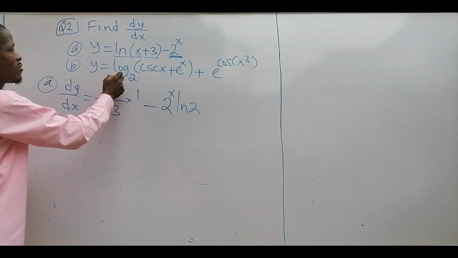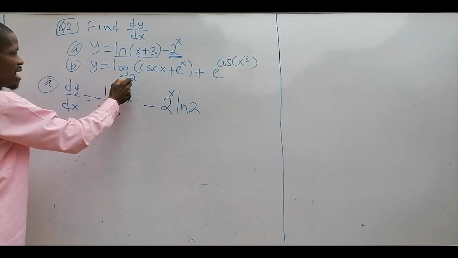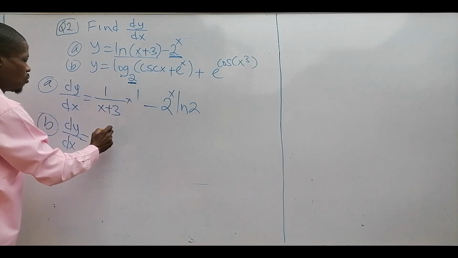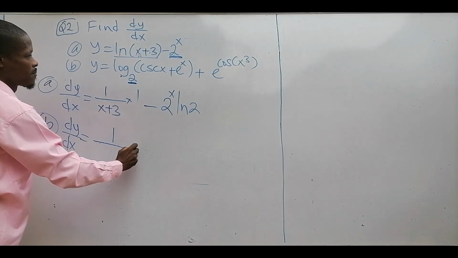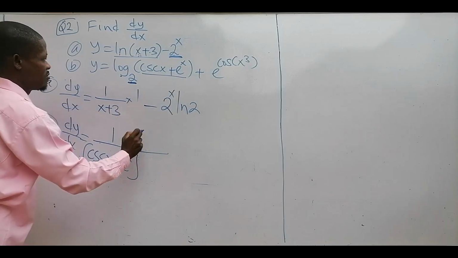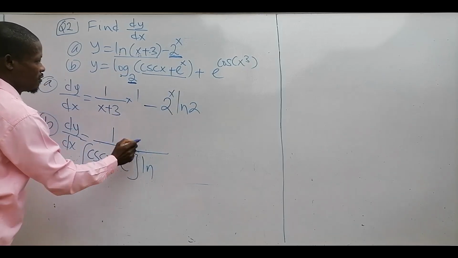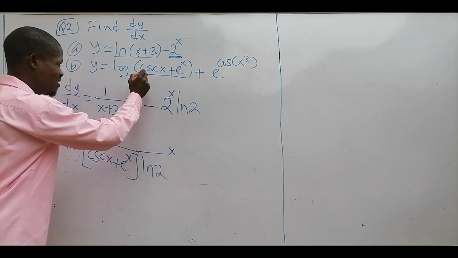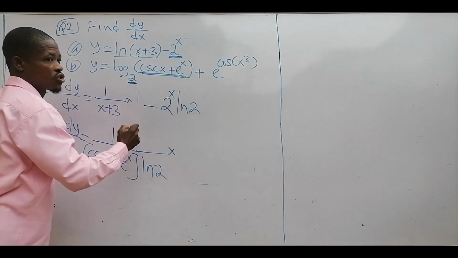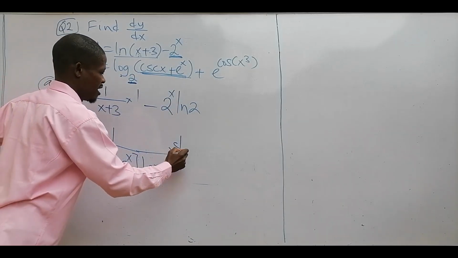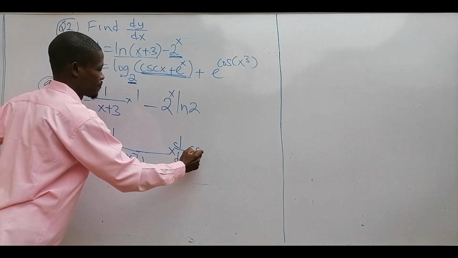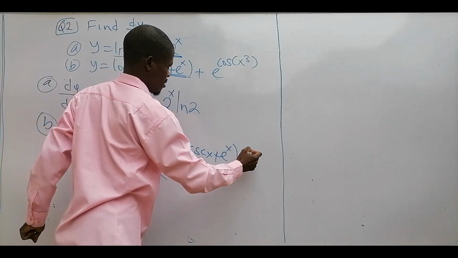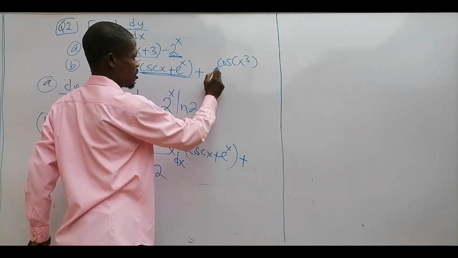When you have logarithm with your base as a positive integer, it's going to be 1 over the function you have here times ln of that base, and then times the derivative of the inner function. So I'm going to use d/dx of that function, and then let's come back here, plus the derivative of this one. This is a chain rule.